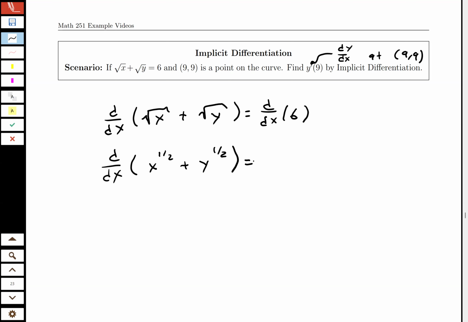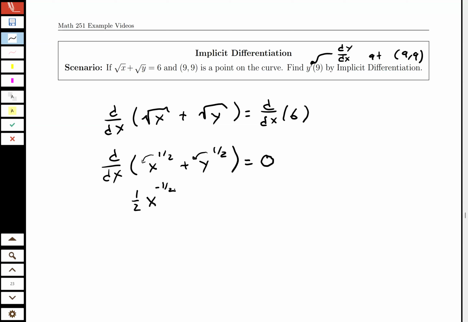This helps me to be able to use the power rule. The derivative of a constant, the derivative of 6, is just 0, so I'll simplify that right side now. To take these derivatives, I'm going to drop these powers to the front, so I'll have 1/2 x, taking 1 away from the power, negative 1/2.